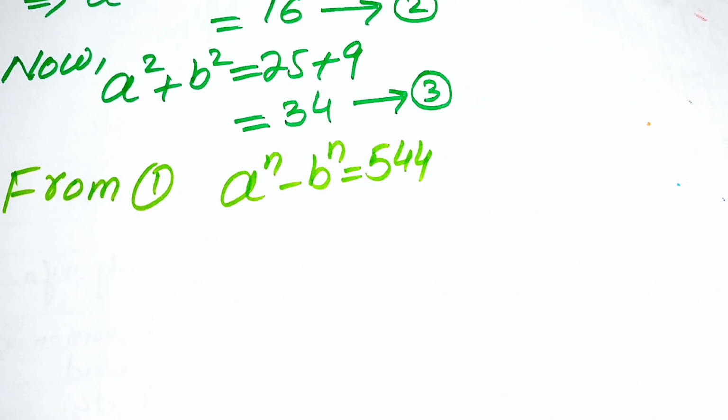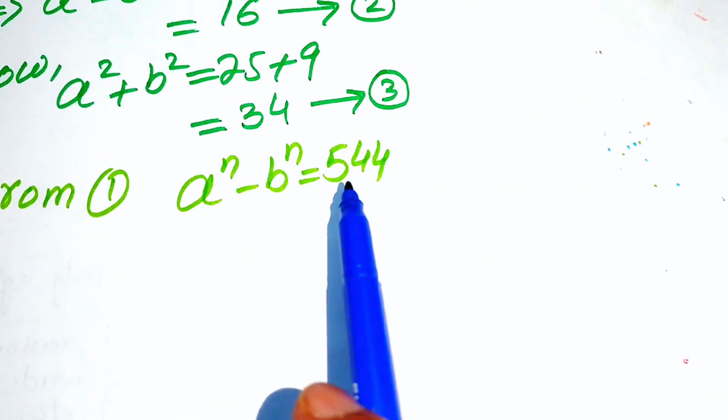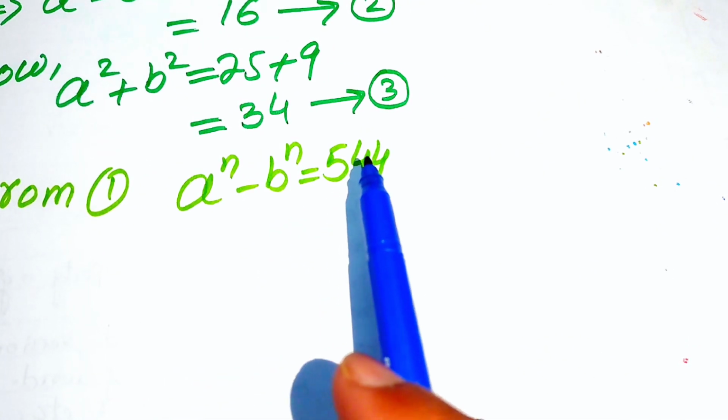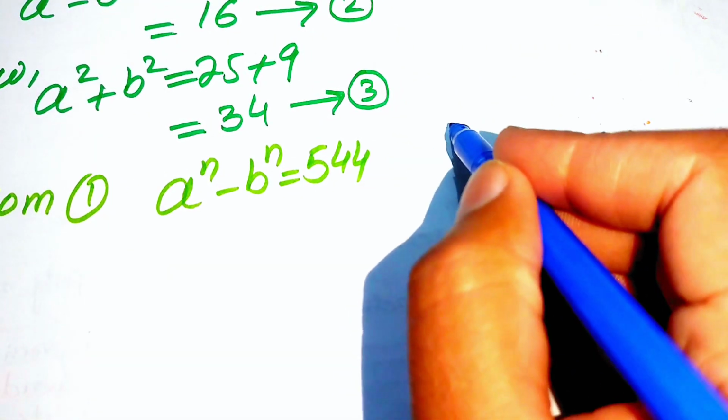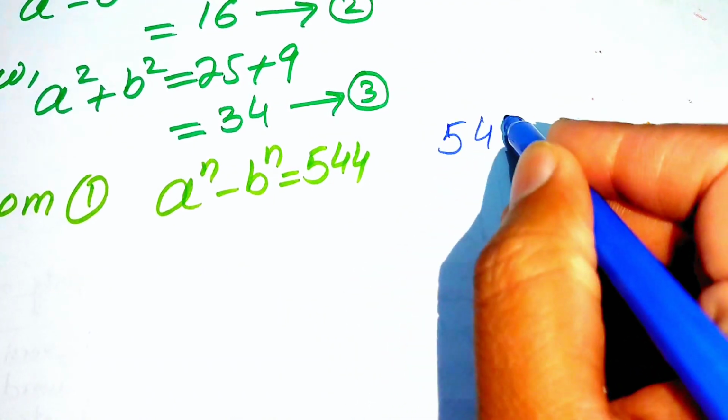In equation number 1 we focus on the right hand side, which is 544. Now first we find the prime factors of 544 by using the division method.